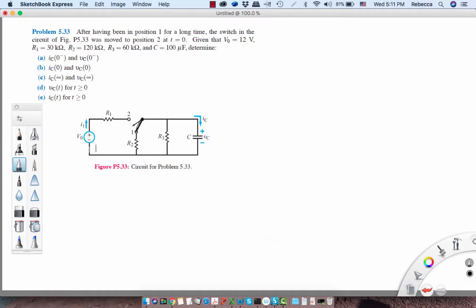We don't have any way for it to have recharged, and so at t equals 0 minus, IC of 0 minus equals 0, VC of 0 minus also equals 0.